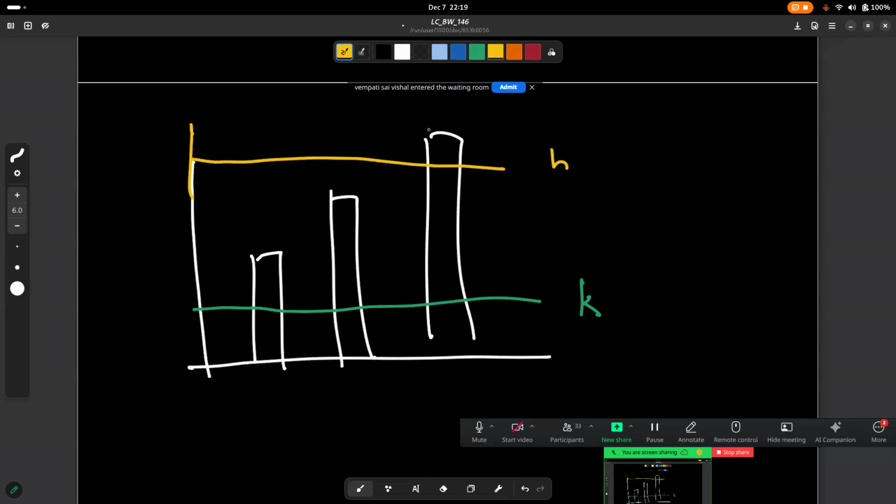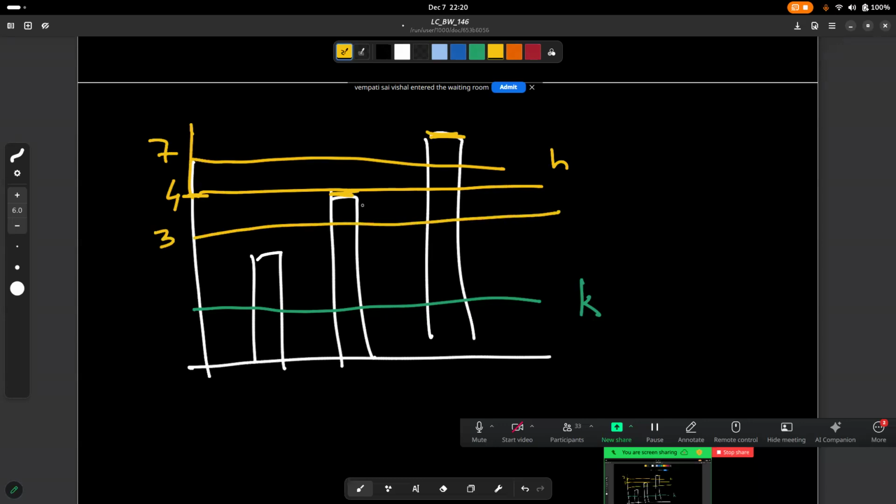Yes, there's exactly one level above h. Say this is 4 and this is 7. Can I draw a line over here, say h equal to 3? No, I cannot, because there are two levels above this line of h equal to 3. So I can only draw a line up to 4, and I want to bring this down as fast as possible. I want to minimize the number of operations.